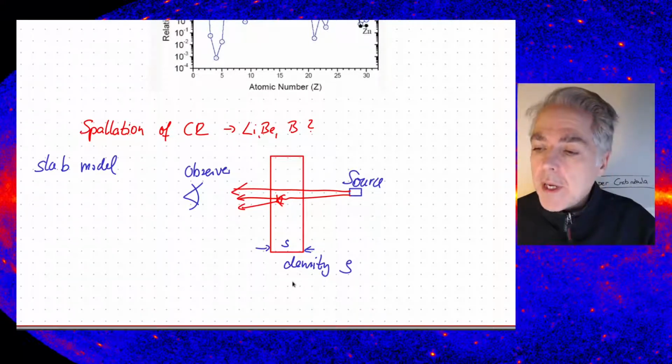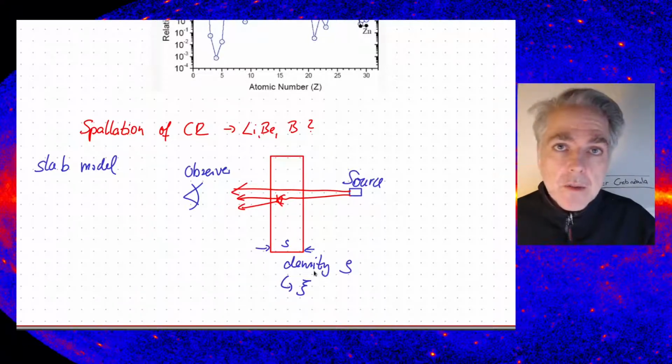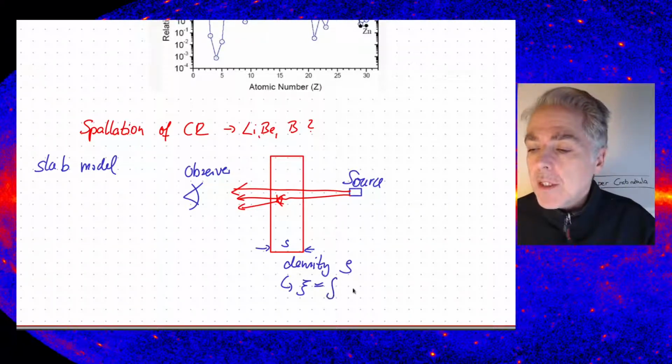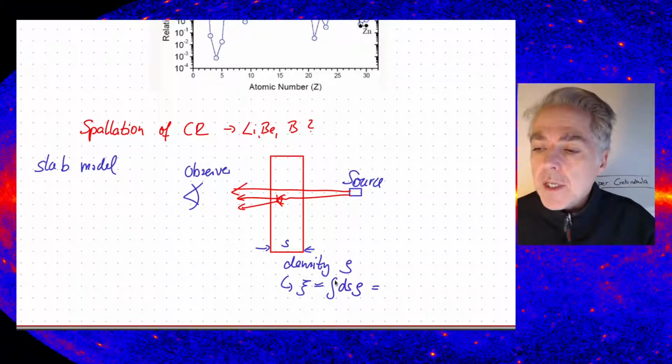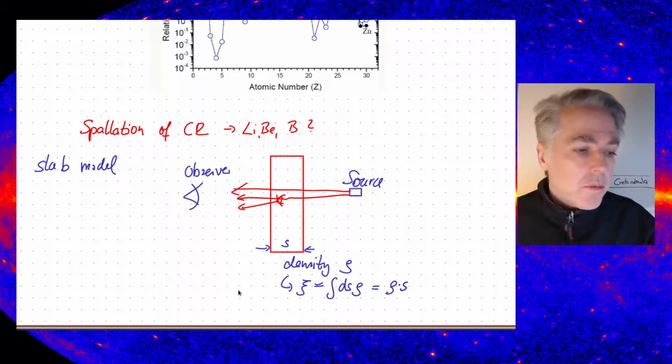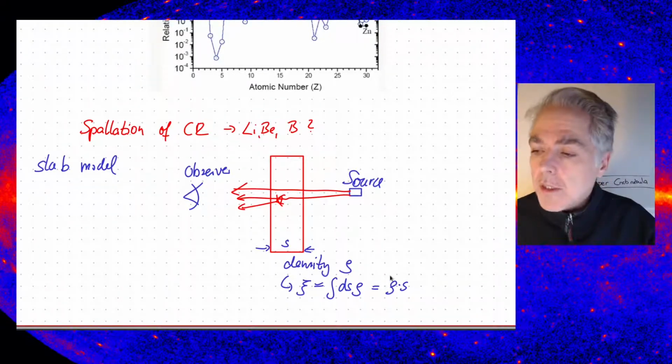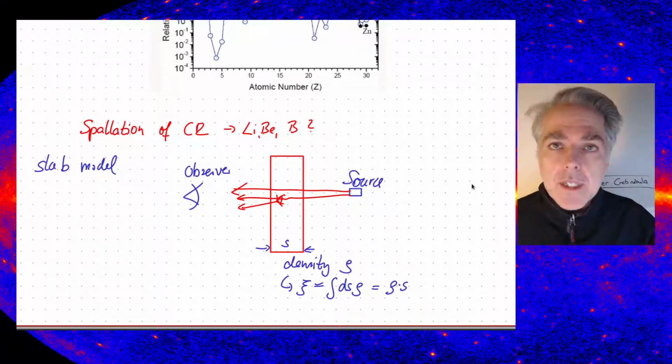Then we can say that the psi value, which is the column density, is simply given by the integral ds times rho, and so this would simply be rho times s. We can assume that it's homogeneous, and so we have just one number attached to this one slab, and that's basically characterizing everything else.